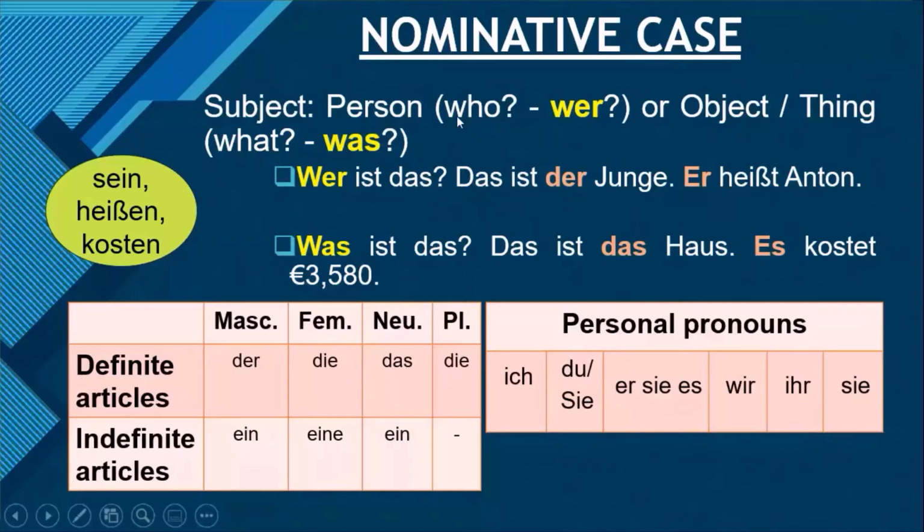So if we take this in an example, who is that will be wer ist das, to which I can say das ist der Junge.